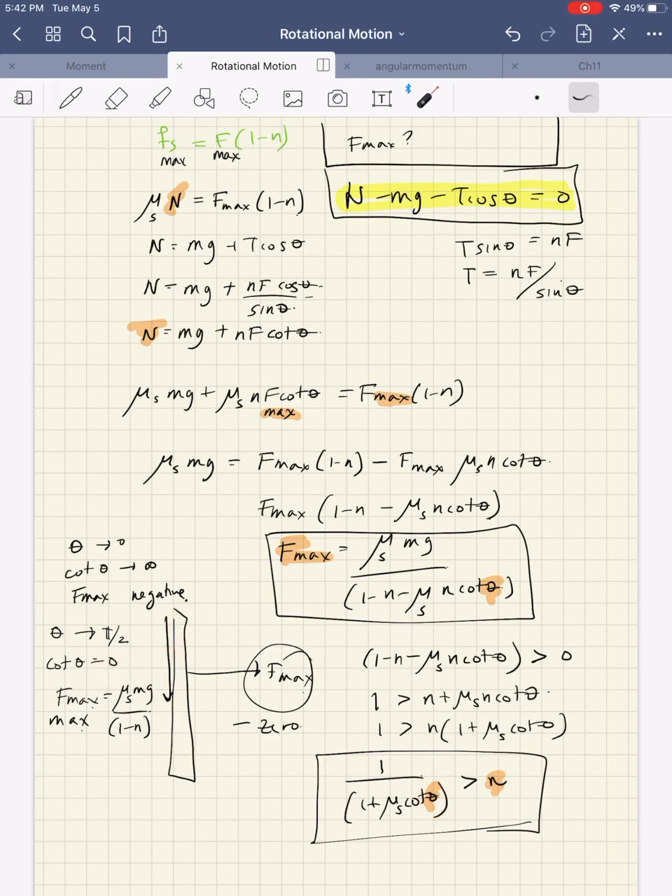So if theta equals 0, this is negative. So for the theta equals 0 case, cotangent of theta is infinite, and 1 over something infinite goes to 0. So n has to be less than 0, effectively equal to 0. So as theta goes to 0, and you're pulling down like this, the force is now acting here.